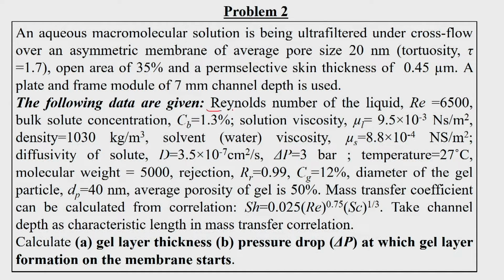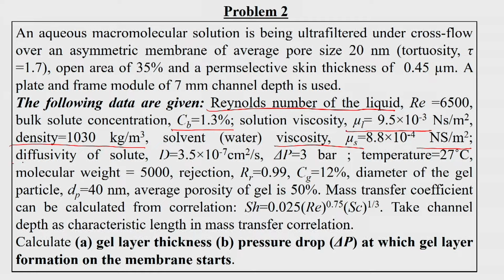The Reynolds number of the liquid flowing through this channel is 6500, and the bulk solute concentration is 1.3%. The solution viscosity is 9.5 into 10 to the minus 3 Newton second per meter square, density is 1030 kg per meter cube, and solvent viscosity is 8.8 into 10 to the power minus 4 Newton second per meter square.